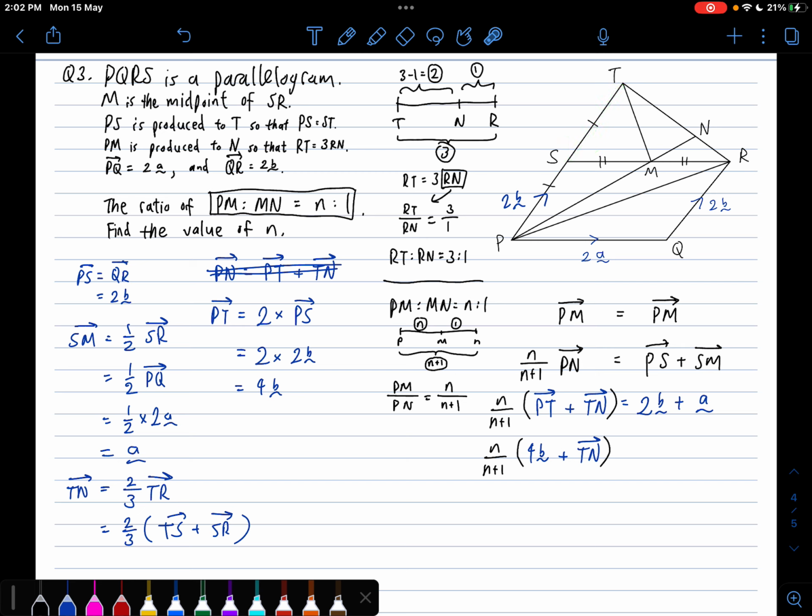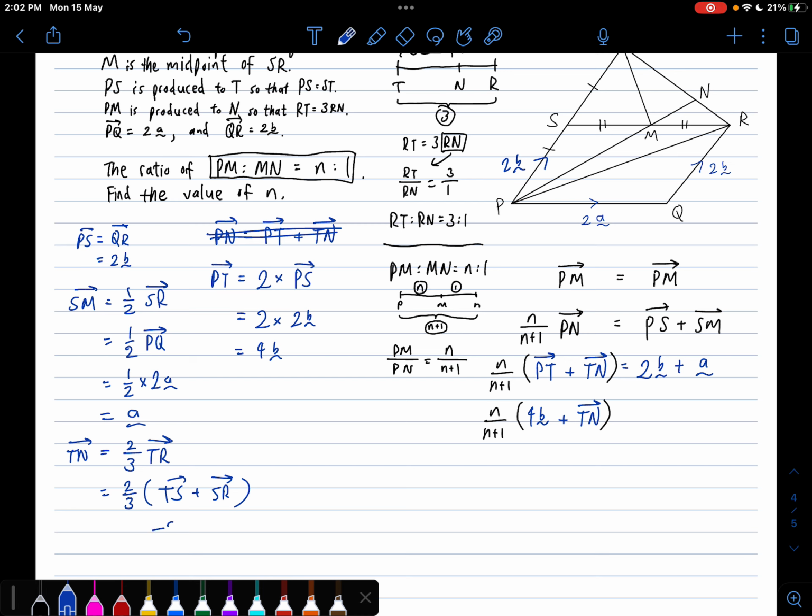So what does it mean if it's in the opposite direction? Instead of a positive 2b, it will now be negative 2b.